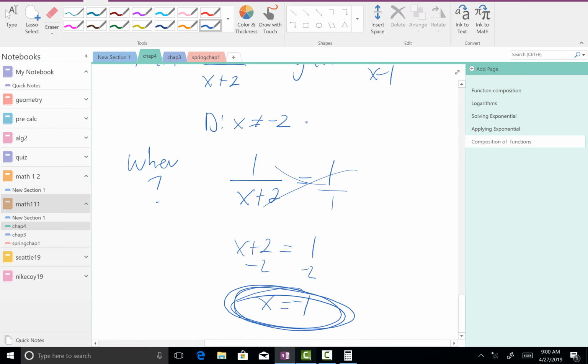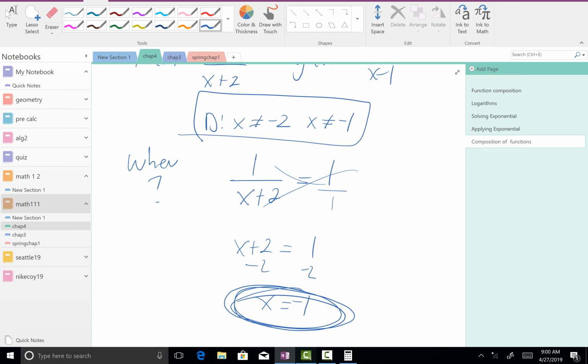So then I would say that. It's what, -2? I'm sorry, so this is what we've got to set equal to 1. We'll figure out when that's equal to 1.